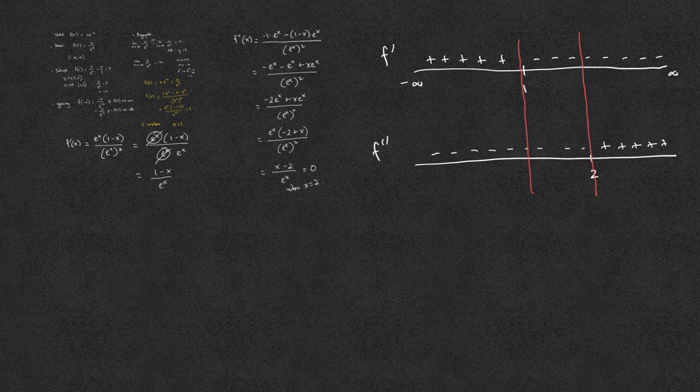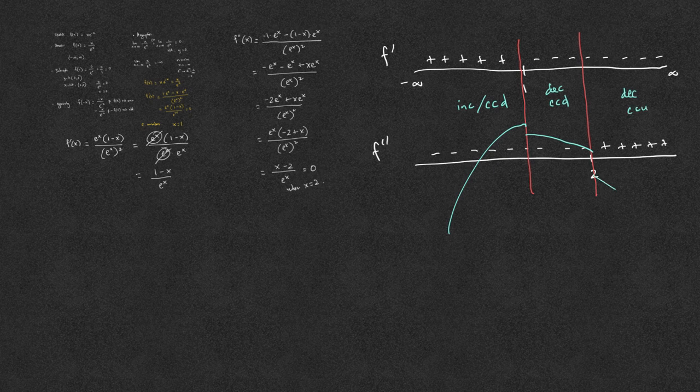From negative infinity to 1, the function f is increasing and concave down. From 1 to 2, the function is decreasing and concave down. And from 2 to infinity, the function is decreasing and concave up.